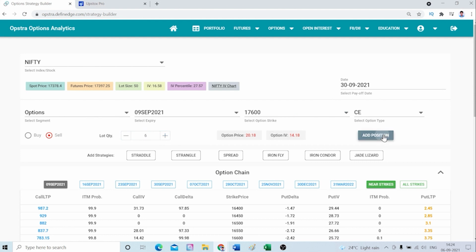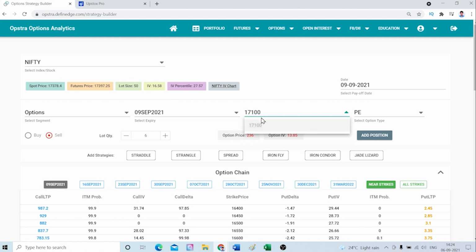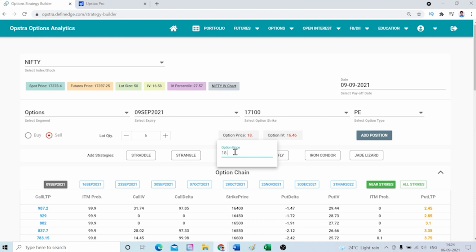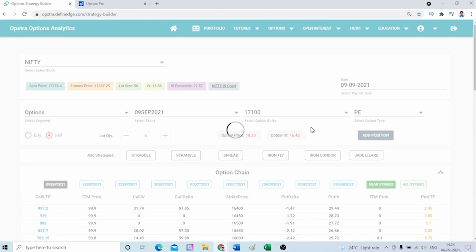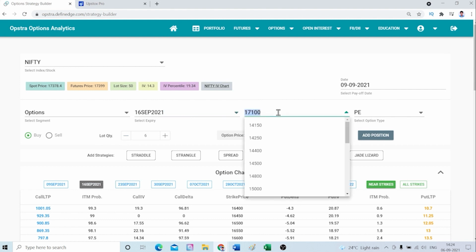First of all I am entering the sold transactions. The put option we sold at 17,100, at the same price at which we sold it. I am entering it here. And now the ones we bought for protection. We bought on the 16th September expiry, so on the same expiry we have to enter both the put option and the call option.